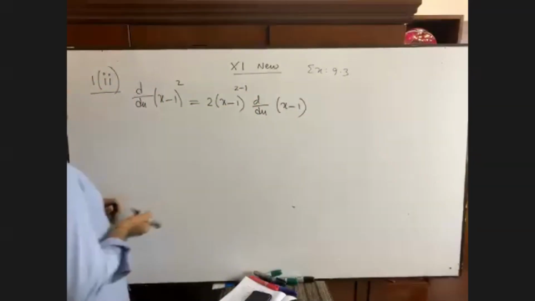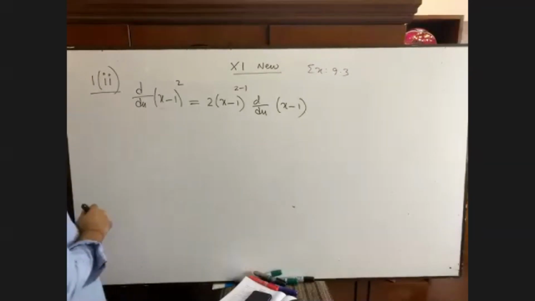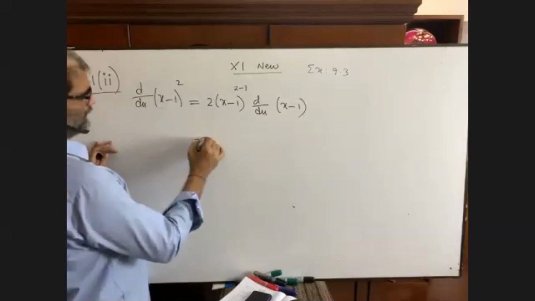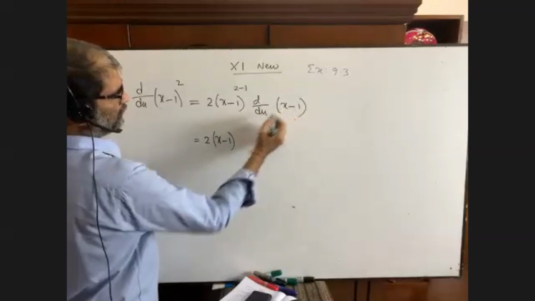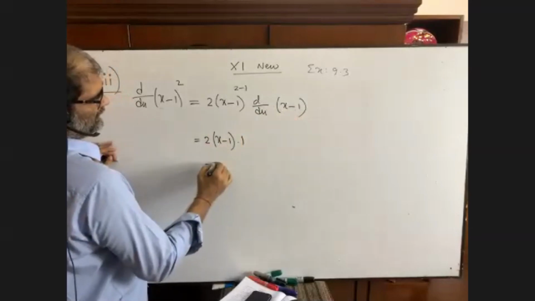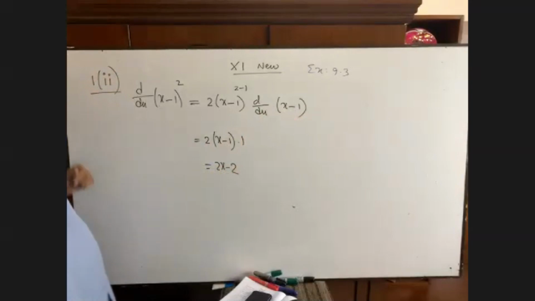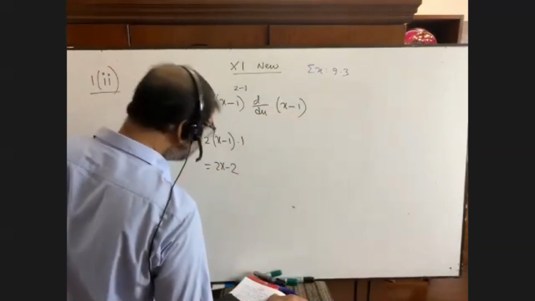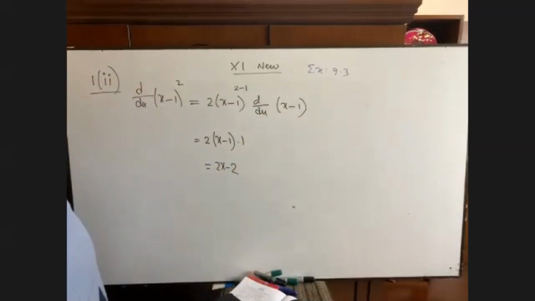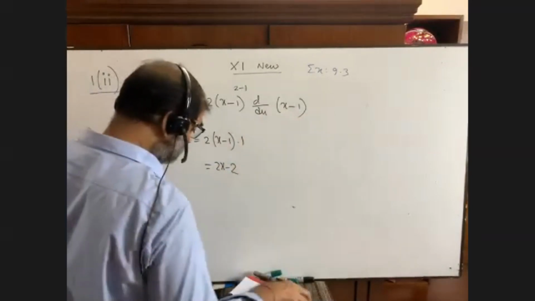Then you understand? Yes, sir. So it is 2 into x minus 1. It is 0. It is only 1. So math is done. 2x minus 2. Yes sir, was this the next math, or did you do another one before? You are absolutely right.